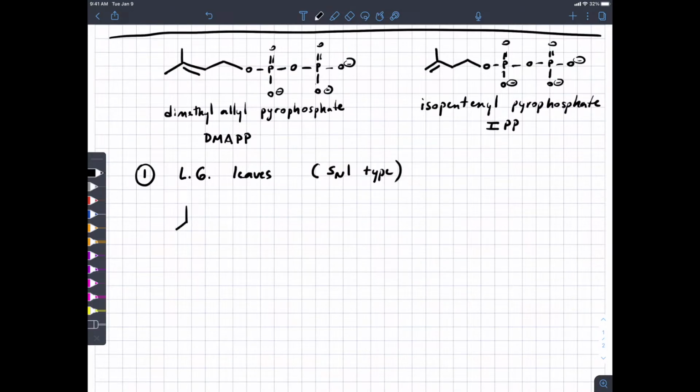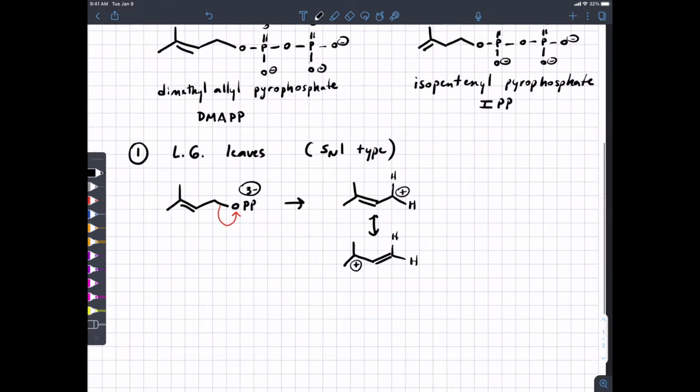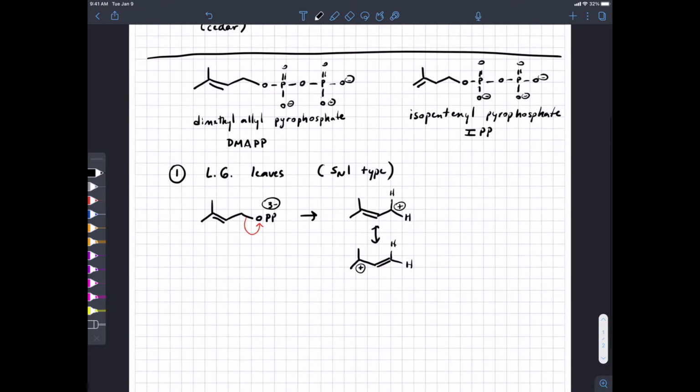So that would involve, and I will abbreviate the pyrophosphate group sometimes like this, and that's fine. You can show the leaving group leaving to give a resonance stabilized carbocationic intermediate. Okay, so that's going to be a common thing that can happen in the chemistry of these starting materials.